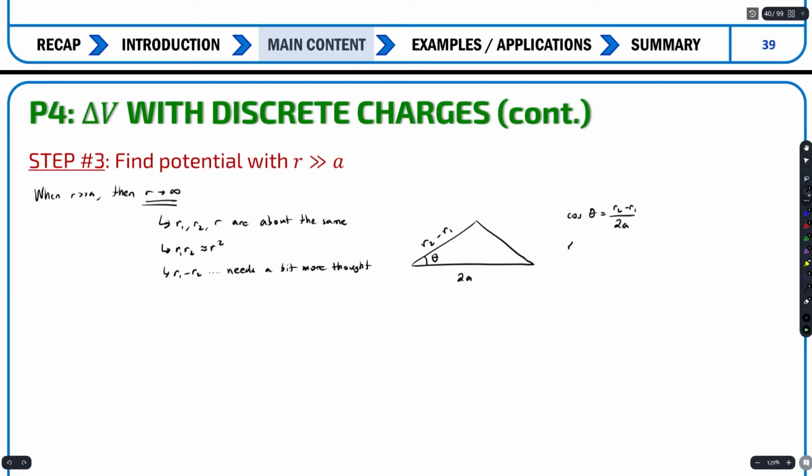So this is r2 minus r1 is equal to 2a cos theta, which means r1 minus r2 is equal to minus 2a cos theta.